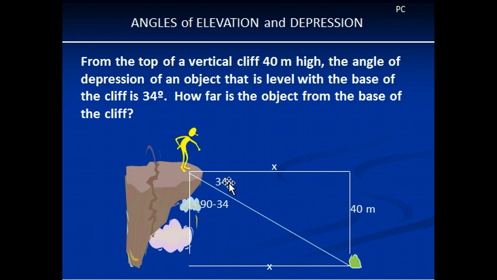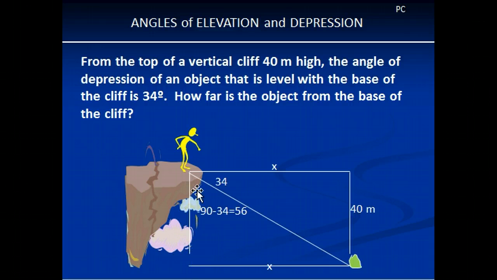So here we could use 34 degrees, and we don't have a hypotenuse, but we have 40. It's the opposite over the adjacent, so we're going to use the tangent of 34 degrees is 40 over x. Down here, it's going to be 90 minus 34, which happens to be 56 degrees.